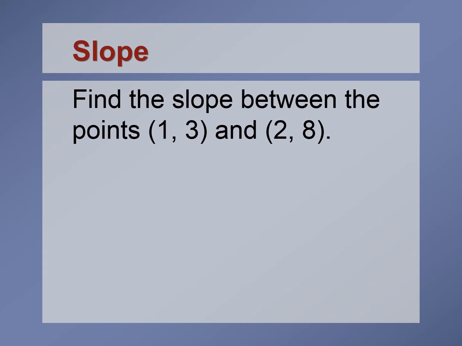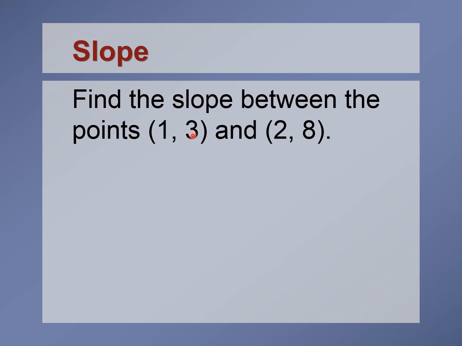So let's look at this one. Again, change in y over change in x. Before, I did the first numbers minus the second numbers. You can actually do it the other way, as long as if I choose to do 8 minus 3, when I calculate my vertical change, I make sure I do 2 minus 1 when I calculate my change in x.